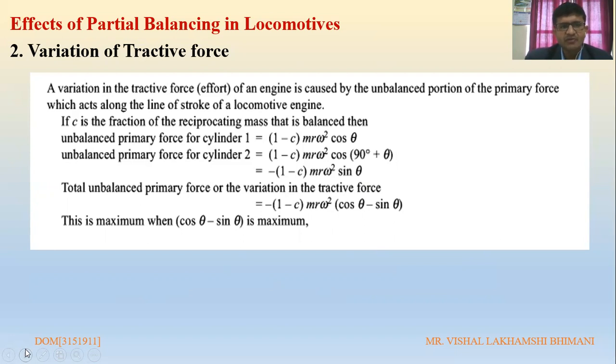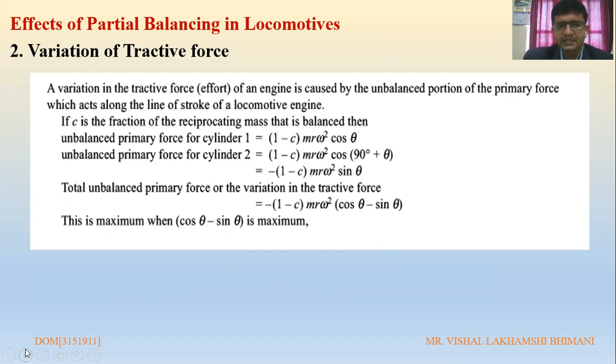If c is the fraction of the reciprocating mass that is balanced, then the unbalanced primary force for cylinder 1 is equal to (1 minus c) m r omega square cos theta, and the unbalanced primary force for cylinder 2 is equal to (1 minus c) m r omega square cos (90 plus theta). If simplified, that is minus (1 minus c) m r omega square sin theta for the unbalanced primary force for cylinder 2.